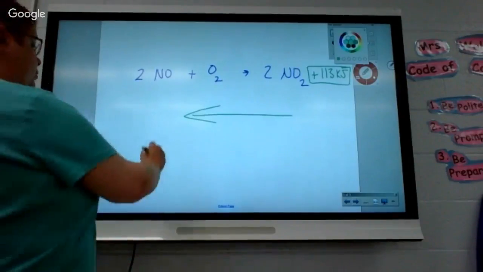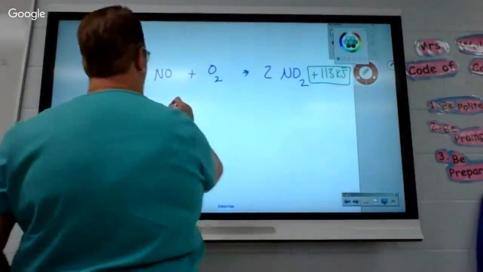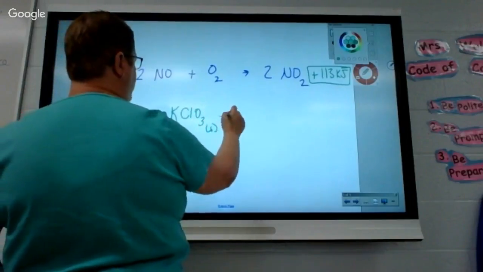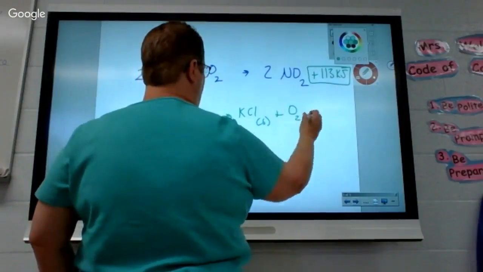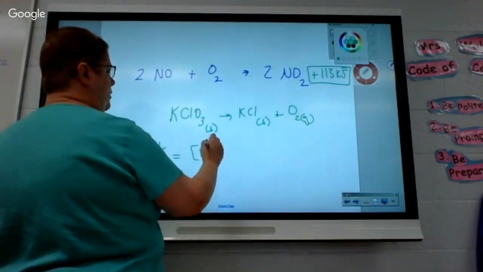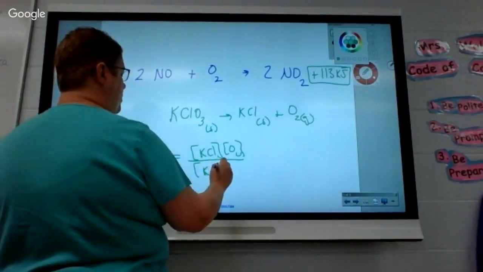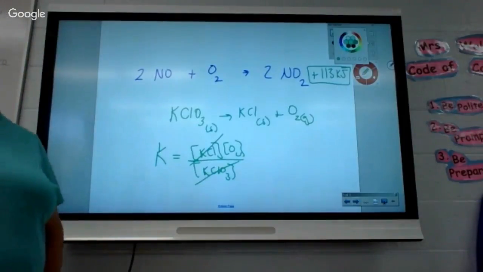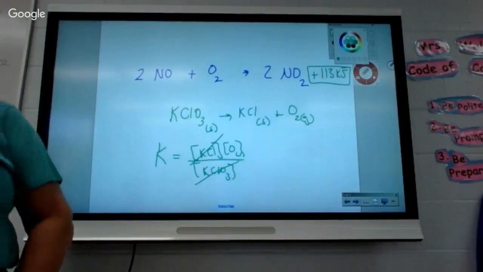So when you write a K expression, like the equation we had the other day on our homework worksheet, I think it was KClO3, a solid, goes to KCl, a solid, plus O2, a gas. When you wrote your K expression and you had KCl and O2 and KClO3, you canceled those out because they were what? That's what it's asking, number 6. Which ones do you get rid of? Questions?